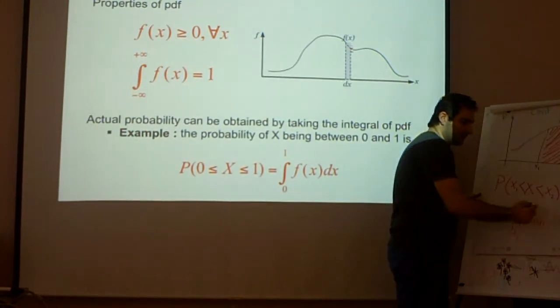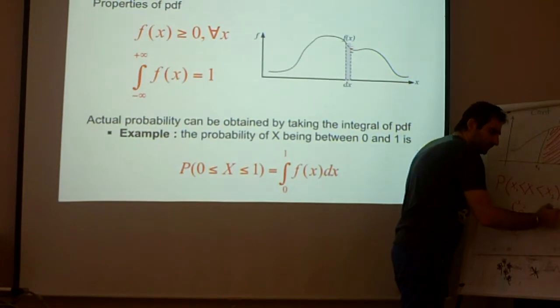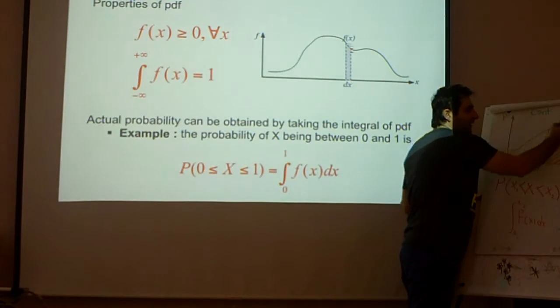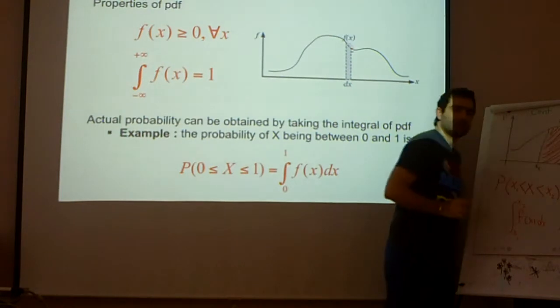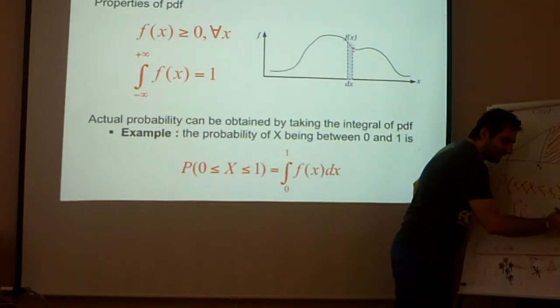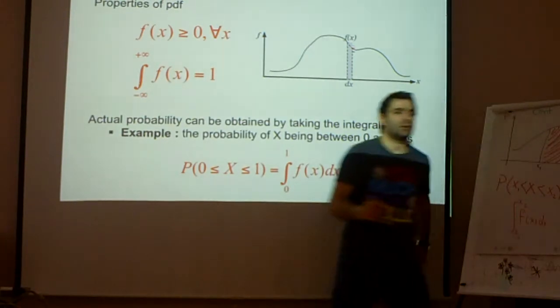Because we can write it in this form. It is the integral from x1 to x1 of f(x) dx. Why? Because this is the probability of x being greater than x1 and less than x1, equality means this, right? And from calculus we know that this is equal to 0.